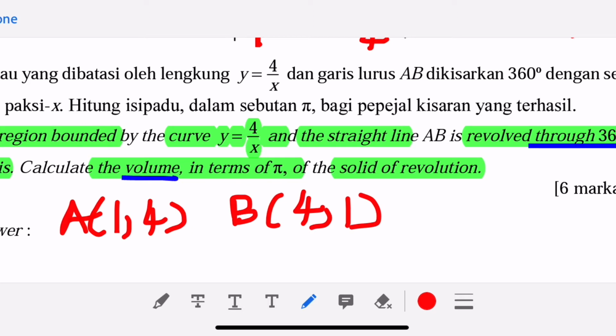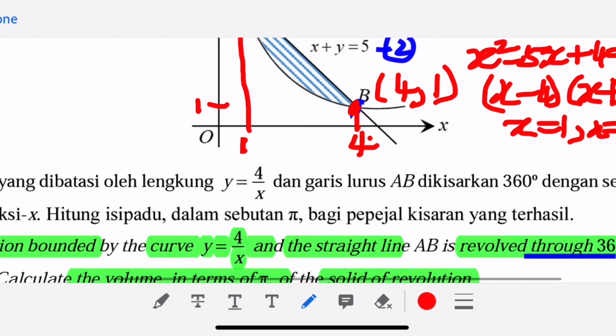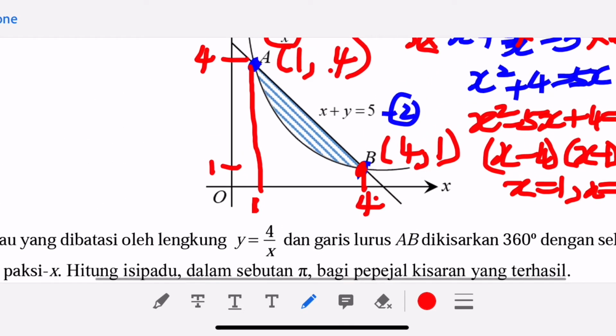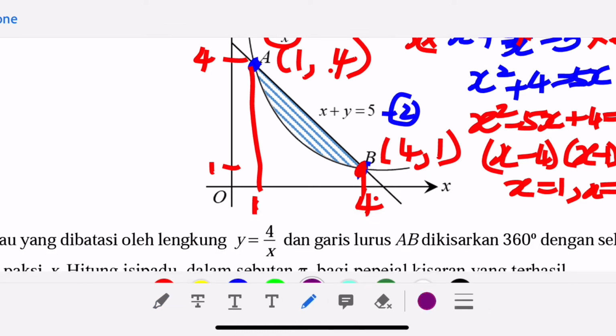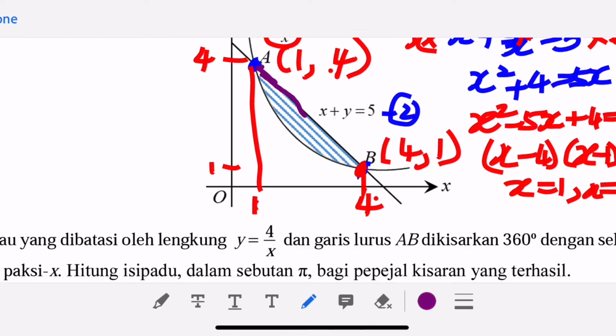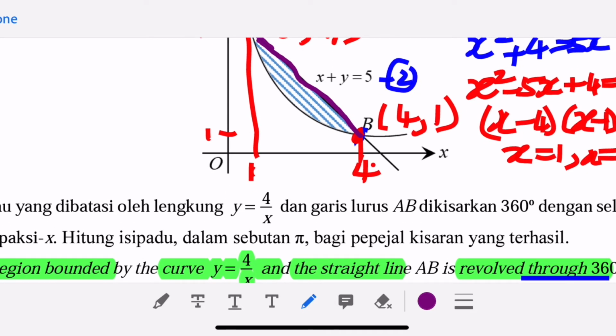Now we're going to find the volume bounded by the x-axis, revolved about the x-axis. So what we need to do is, let's figure out if I rotate this purple line, I will get the volume generated about the x-axis. It looks like this.